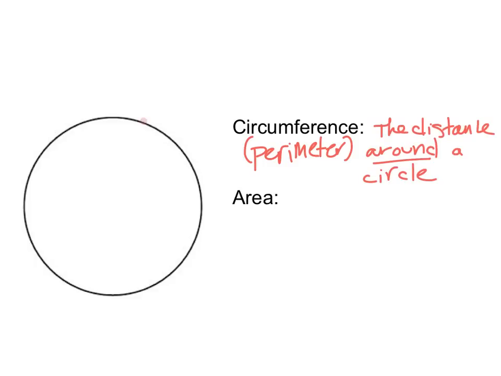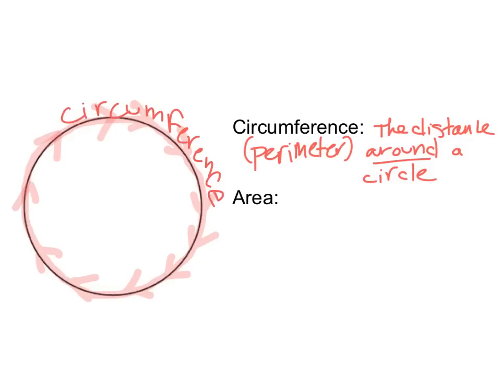So going all the way around the outside is your perimeter. Go ahead and label that somehow. An arrow can sometimes help, or multiple arrows if you feel like it, to distinguish what it is you're talking about. The circumference is the distance around a circle.